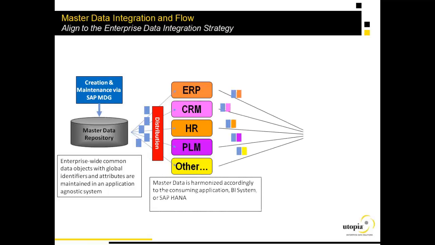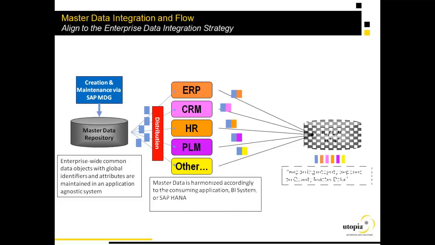When that data is harmonized accordingly for the consuming application into the BI system or SAP HANA, right, your reporting integrity is ensured because it's executing against good data, the garbage in, garbage out. So this process flow starts with getting the data right and enforcing your standards at the point of creation.